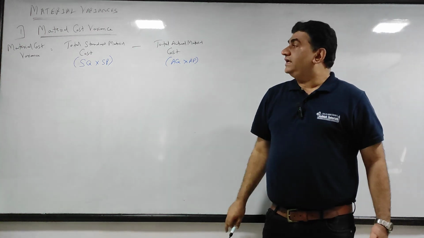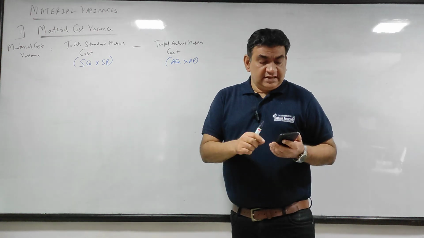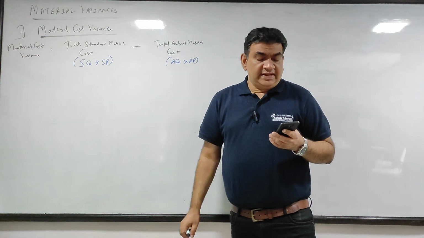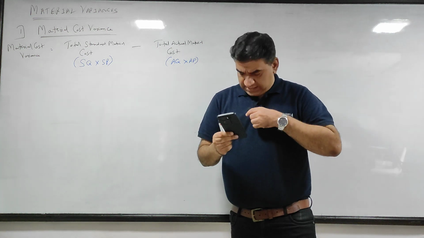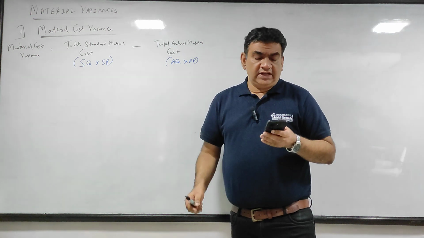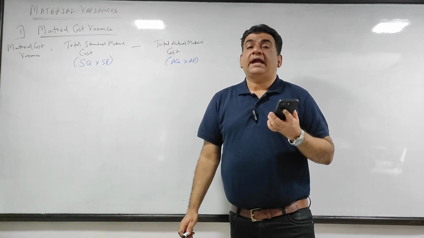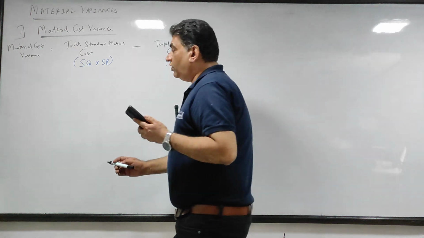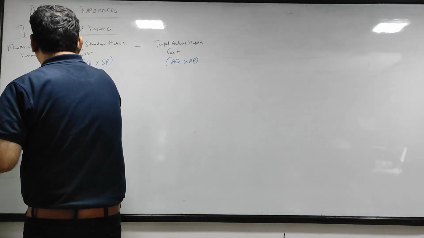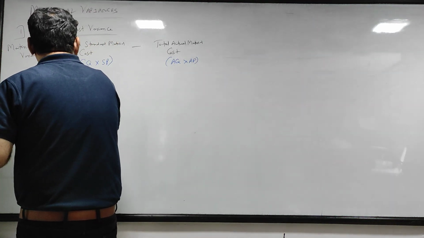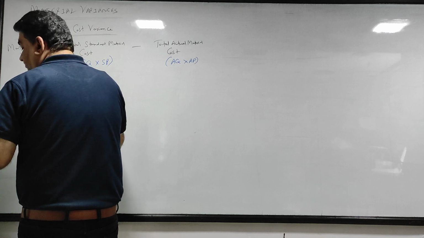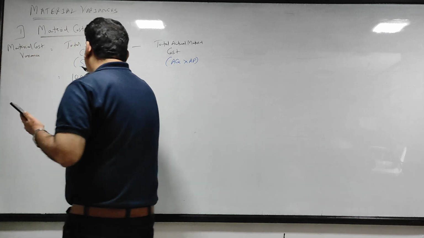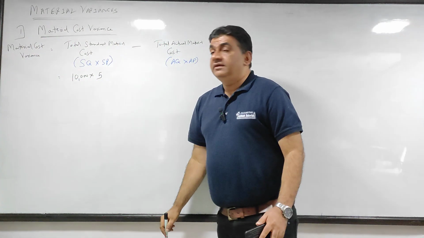Standard quantity into standard price. Look at the question. How much quantity did I predict? I predicted a quantity of 10,000 kg and the price predicted is 5 per kg. So let me show the calculation here. Standard quantity is 10,000, standard price 5.